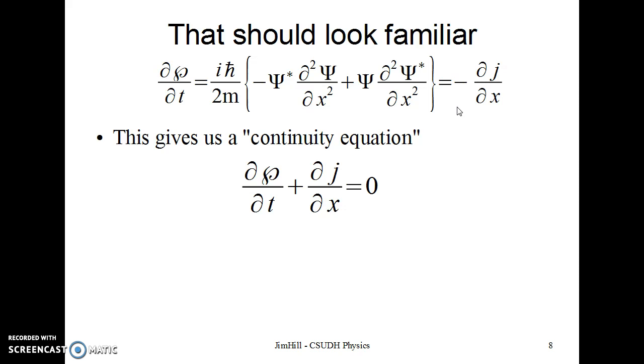And essentially what it says is that, in this case, probability density, what you lose at one place as a function of time is equal to the negative of how much is flowing to that place, or you might say how much is flowing out of that place, which is the natural way to think of it with fluids or heat, which I think are kind of intuitive that there's such a thing going on. This is saying there's the same thing for probability density in quantum mechanics.